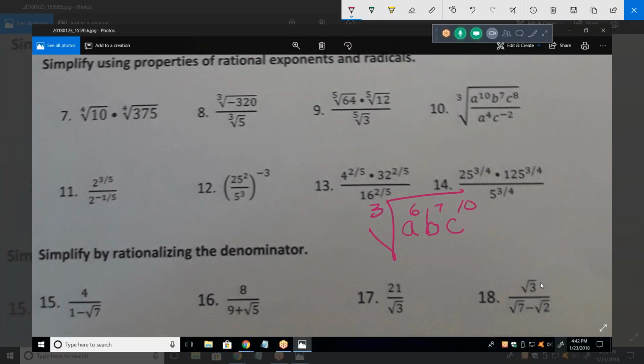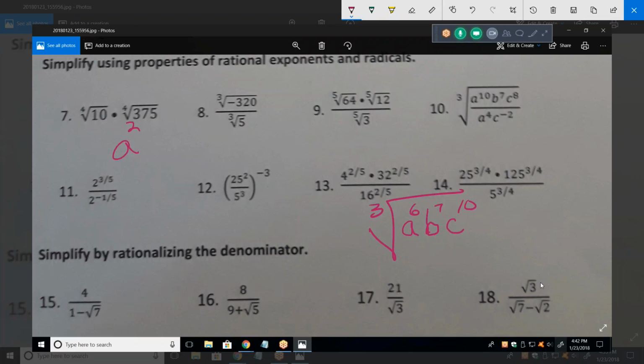Okay. Now what's the cube root of a to the 6th? A squared.